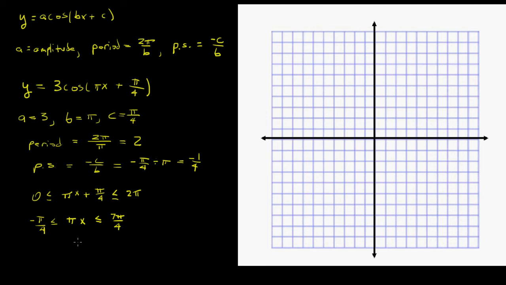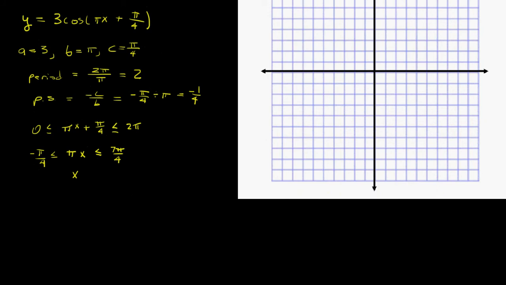And we're solving for x, so the next step would be to divide by pi. And dividing through by pi gives us x is less than or equal to 7/4 and greater than or equal to negative 1/4. And that's it. So this gives us the interval for which we want to make this graph.